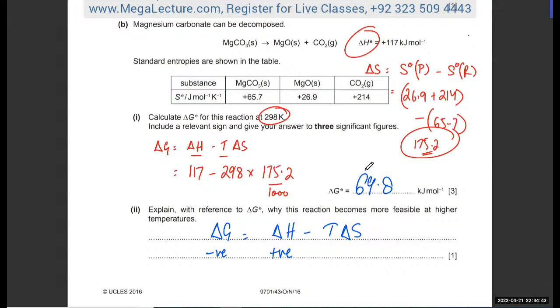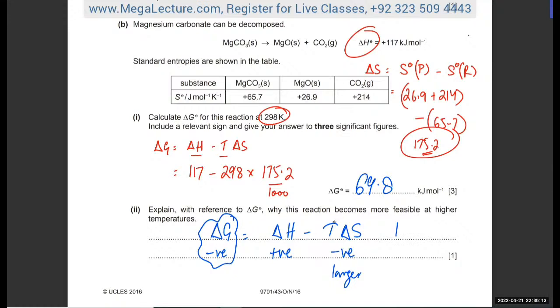And delta S is also positive, but it has a negative sign, so the second term actually becomes negative. If I want to make delta G overall negative, I would have to make my negative term bigger in size, and it can only be larger if the temperature is greater.